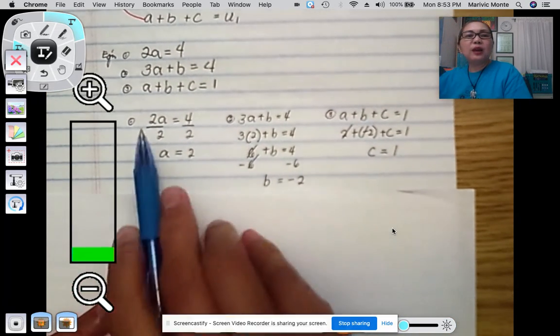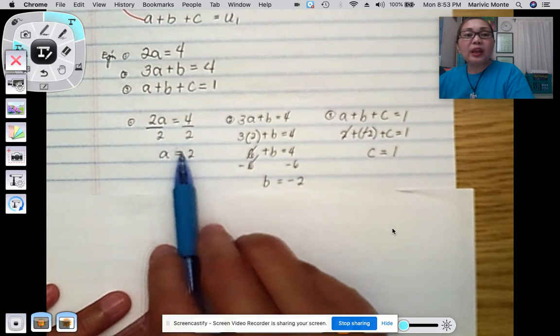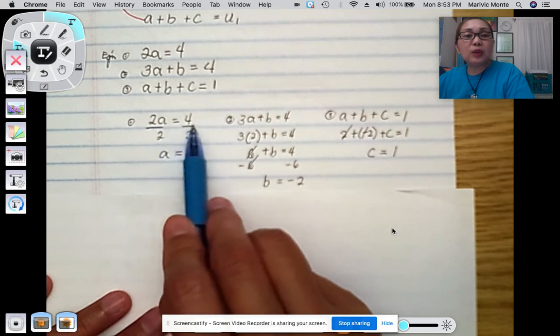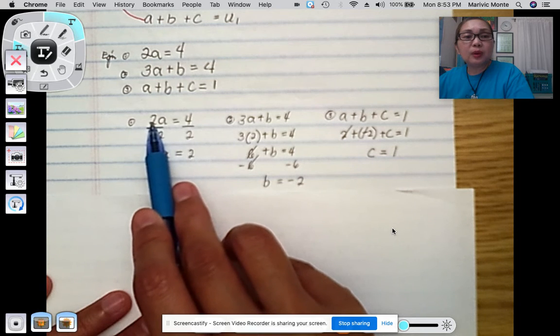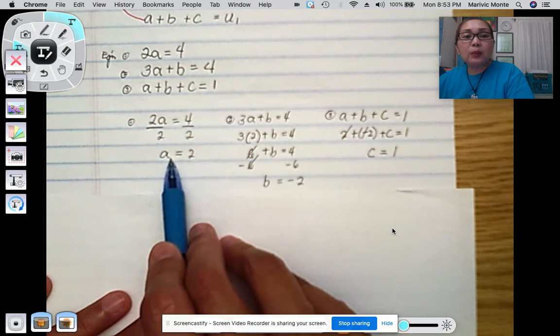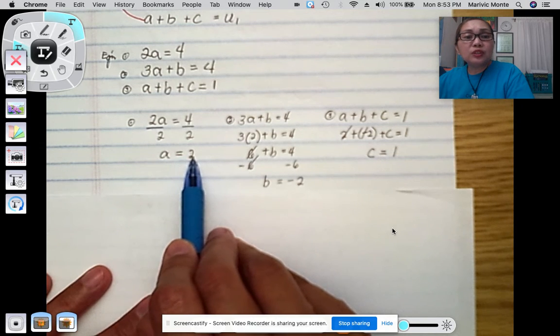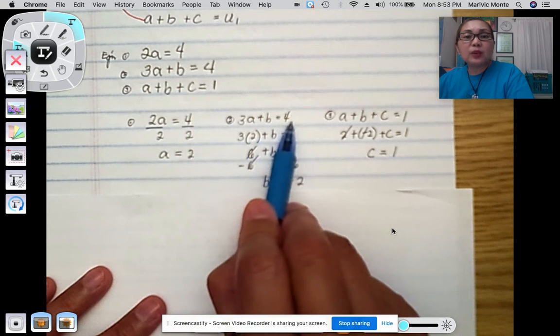If you simplify all those three equations, we actually have a system. Solving the first equation, 2a equals 4, dividing both sides by 2, you end up with a equals 2. You can use that value in your second equation, 3a plus b equals 4.